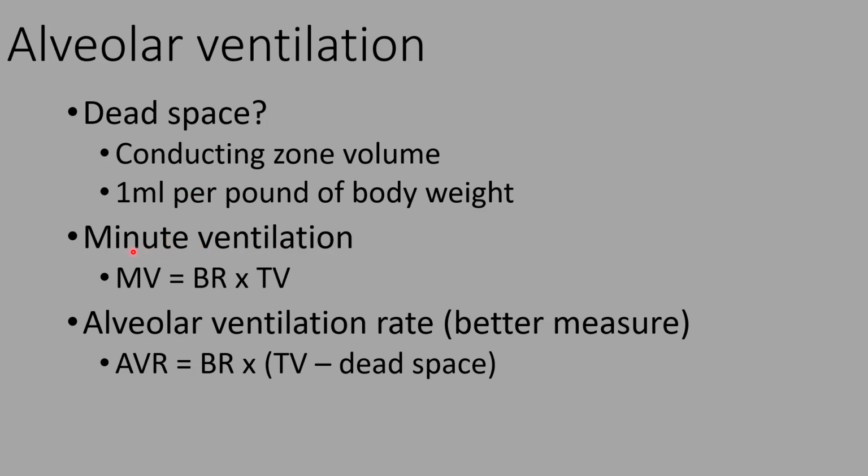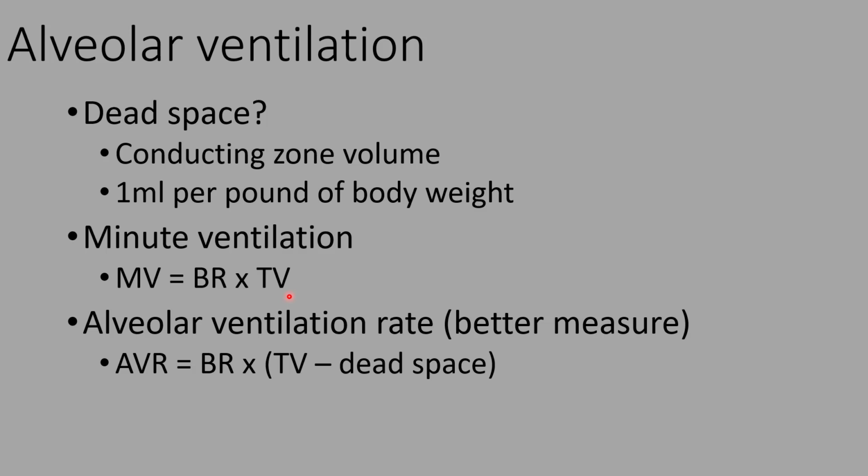Two terms here, minute ventilation, MV. Minute ventilation is found by breathing rate, how many breaths per minute, times tidal volume, how much air is moved per breath. Does this sound at all familiar? It should.